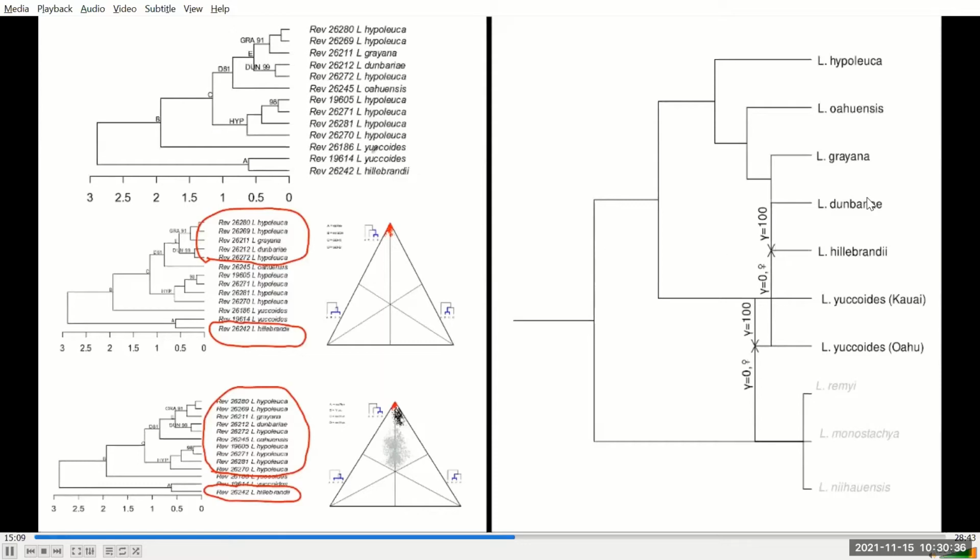Well, while it still has the plastome from the Oahu Eucoides, that's because it is a hybrid between Grayana Dunbarii and the Oahu Eucoides, where it picked up the plastome and 100% of the genes from these two. And so it was that technique that I used to turn this quartet analysis and the plastome phylogenies into these hybrid networks.